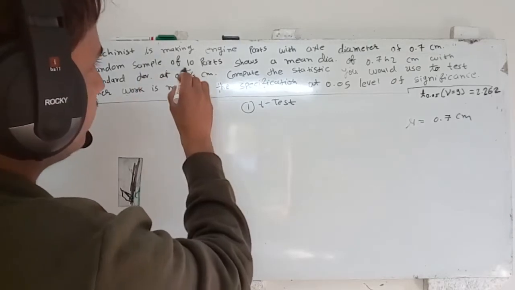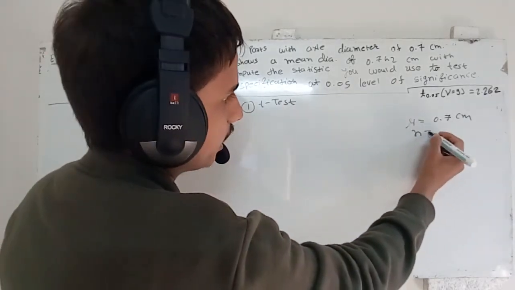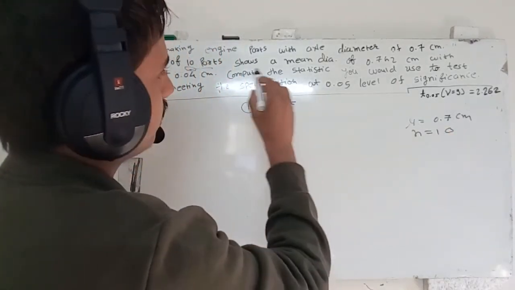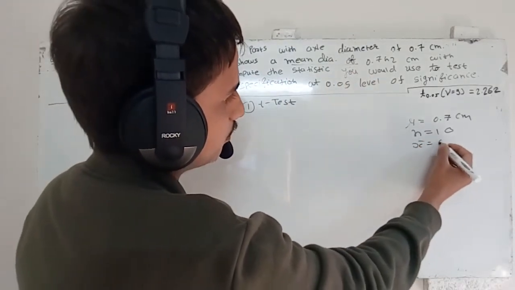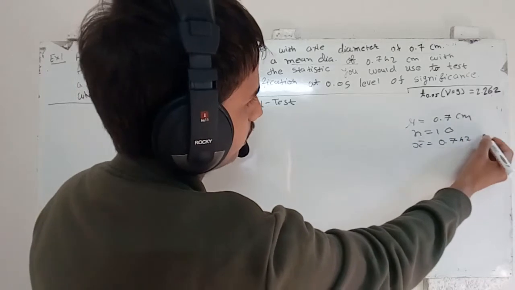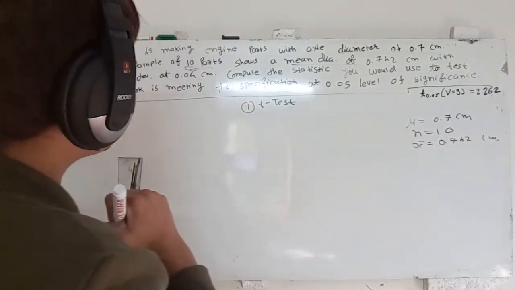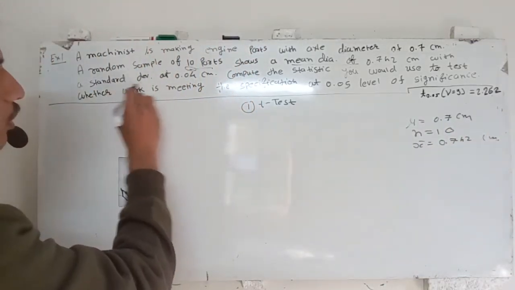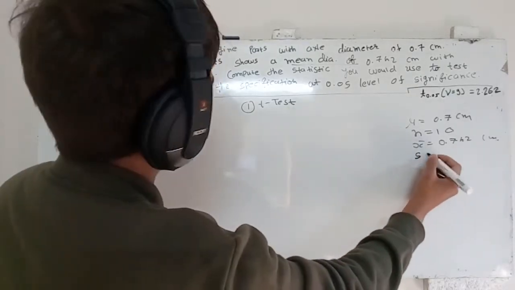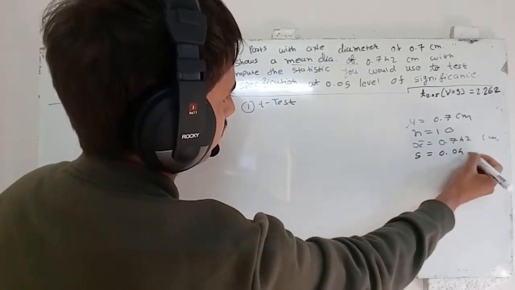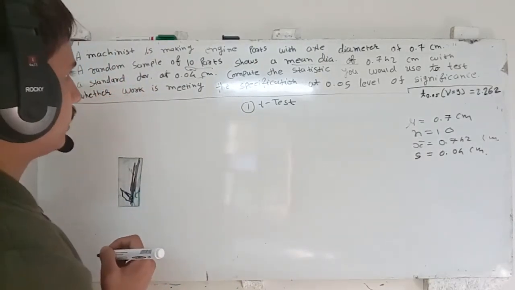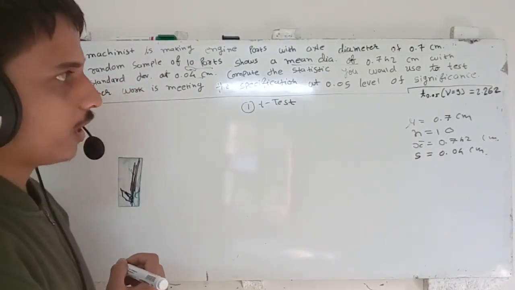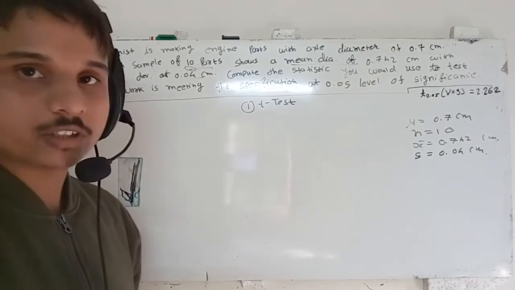Sample size is 10 parts, so n is equal to 10, and mean diameter, that is sample mean, is 0.742 cm. Standard deviation of sample is given, that is 0.04 cm. And we have to check whether this product is meeting the specification or not.